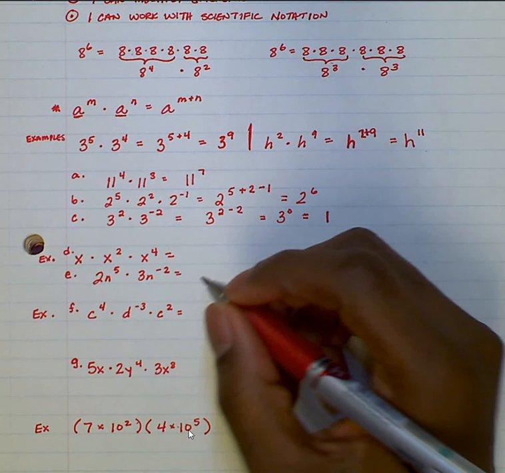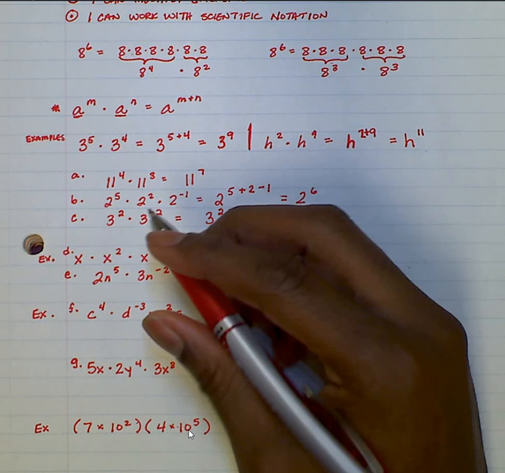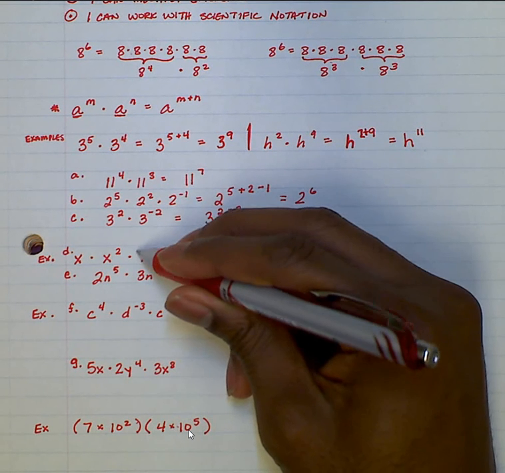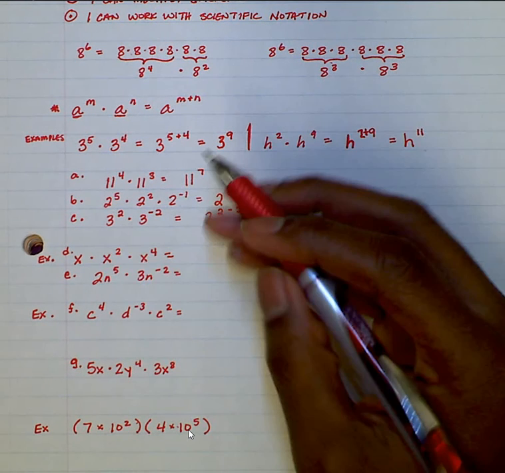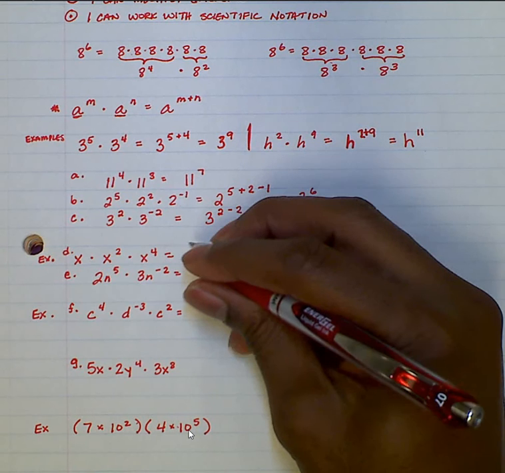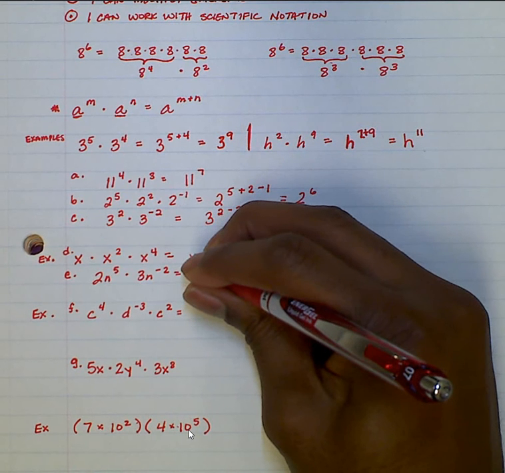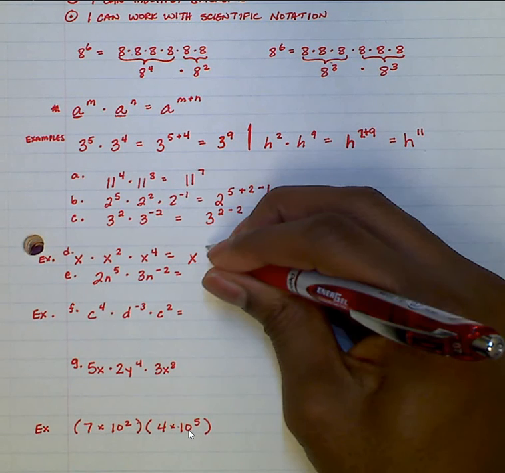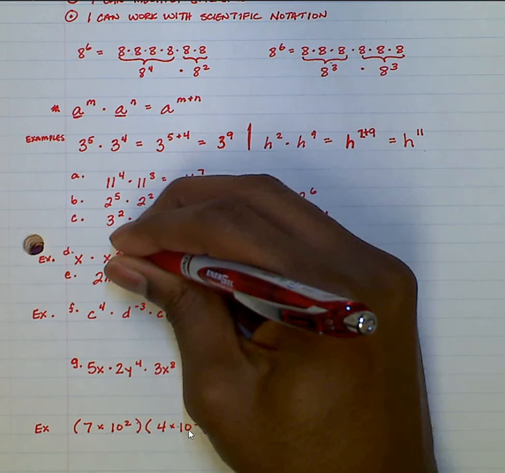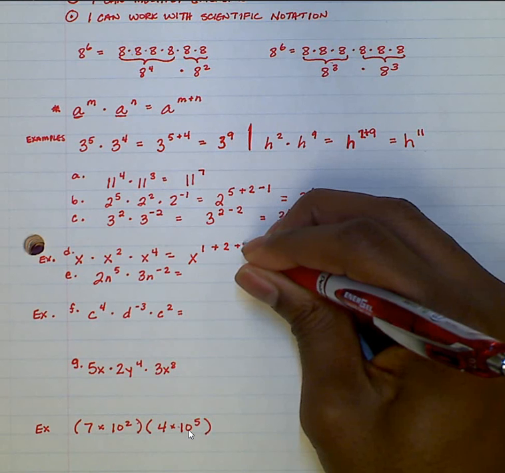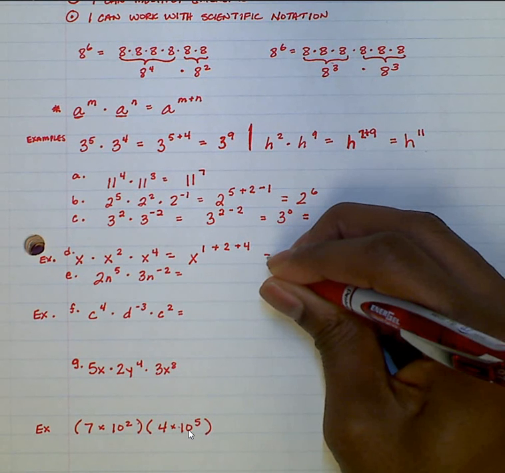There's no 1 in front of x to the fourth, but we know that's 1x to the fourth. Same thing with our exponents. So when we're multiplying this, because they're all the same base, x, we have 1 plus 2 plus 4. So it gives us x to the 7th power.